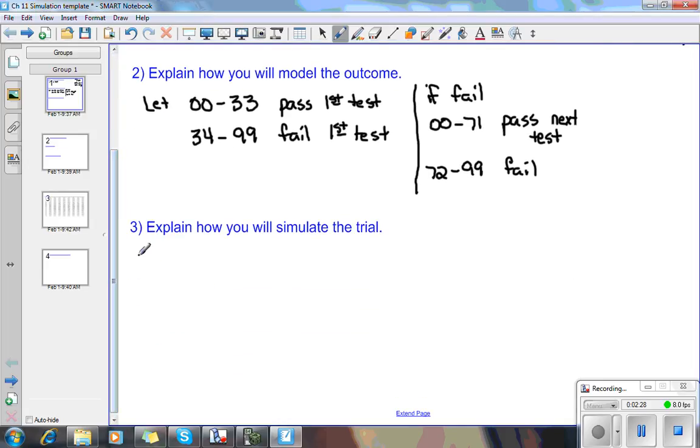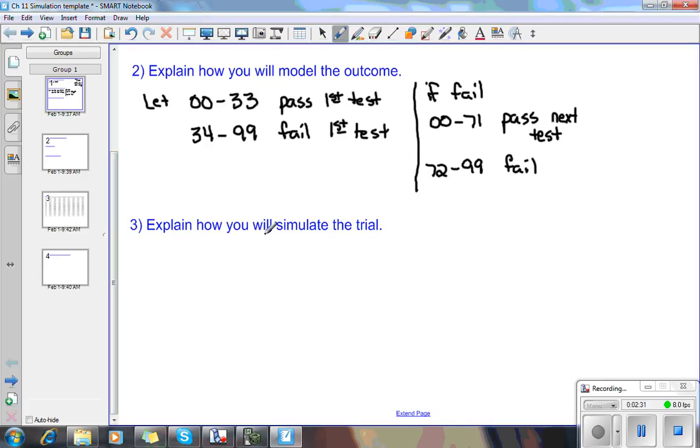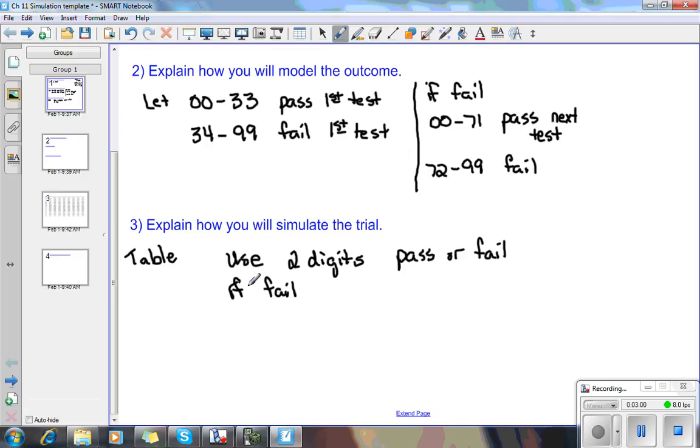So explain how you're going to simulate the trial. Whether you're using the calculator or the book, I think I'll use the book this time. So I'm going to use a table. I'm going to use 2 digits, and we're going to decide if it's pass or fail. If fail, use next 2 digits.